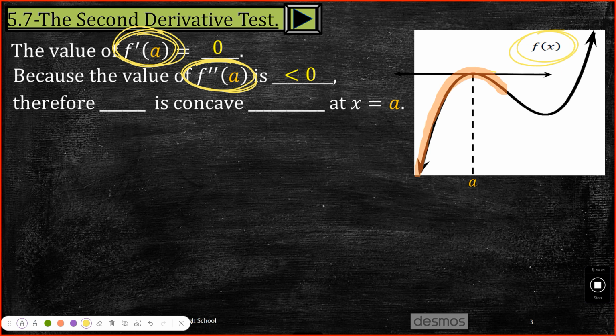So therefore something is concave down. What is concave down? F of x. This function f is concave down at x equal to a.